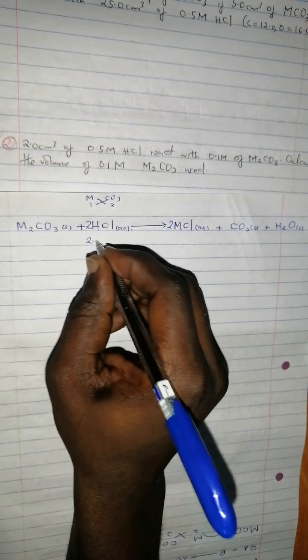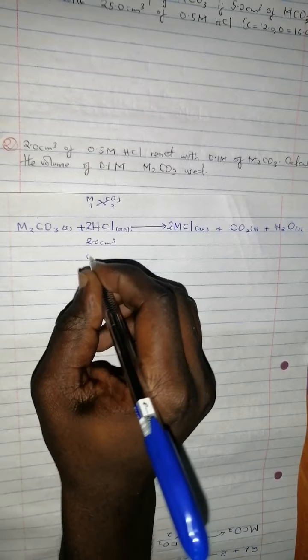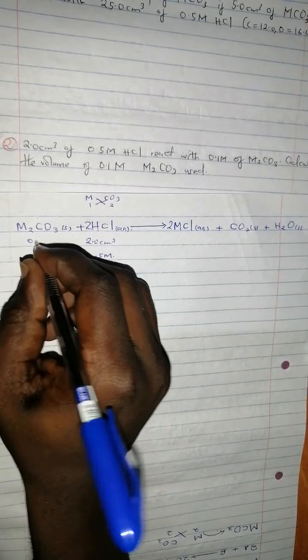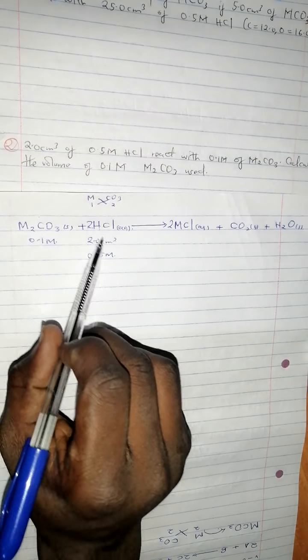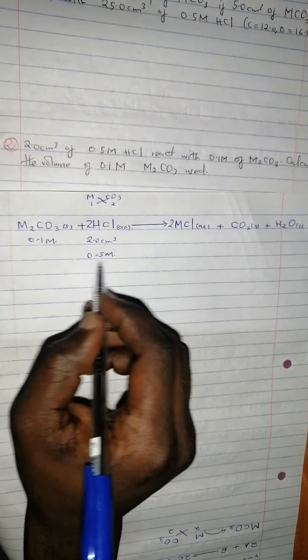I'm told that 2.0 cubic centimeter of 0.5 molar HCl react with 0.1 molar metal carbonate. I'm supposed to calculate the volume of the metal carbonate. And now, what do I need to do first? I need to get the number of moles of HCl contained in 2.0 cubic centimeter. And how do I do that? Remember, I said that whenever I'm given 0.5 M, 0.1 M, it means that that is the number of moles in 1,000 cubic centimeter.